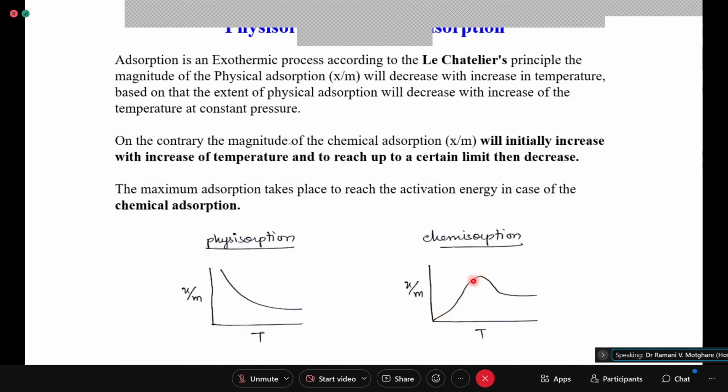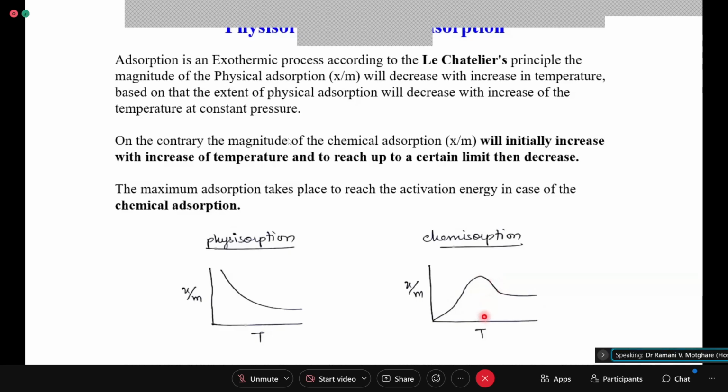And then after a certain point, it attains its activation energy to form the adsorbent-adsorbate compound. Then if you increase the temperature further, that energy makes the molecules more volatile, and desorption of the compound takes place at a higher temperature.